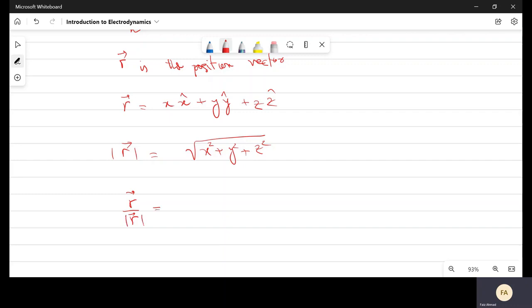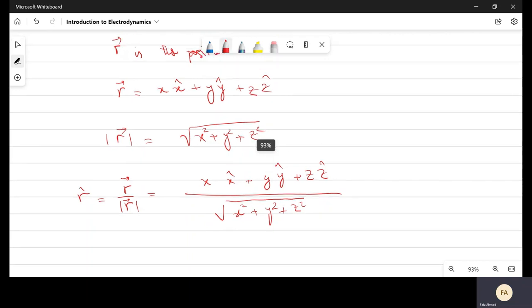So it becomes x unit vector plus y unit vector plus z unit vector, divided by the square root of x squared plus y squared plus z squared.